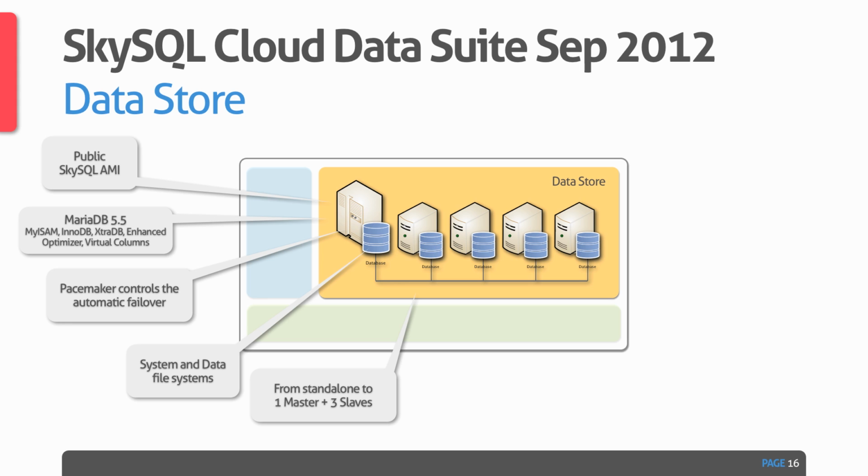We use Pacemaker to control the failover, and then of course we have multiple file systems, specifically two file systems associated to the EC2 block storage, one for the system and one for the data. The number of servers that are deployed can be up to 4 at the moment, 1 master and 3 slaves. And these 3 slaves are used for high availability and for the backup or restore operations.